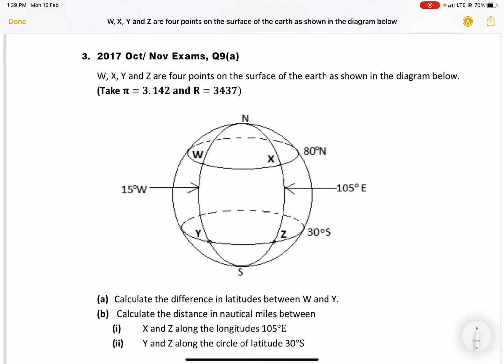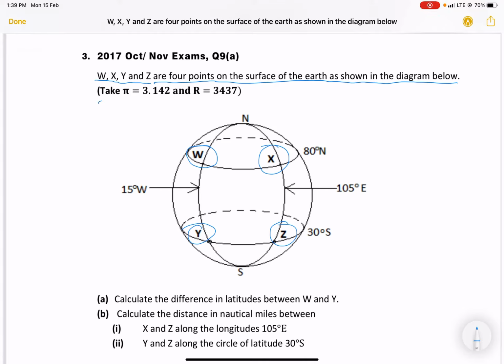We are told W, X, Y, and Z are 4 points on the surface of the earth as shown in the diagram below. So we have W, X, Y, and Z on the surface of the earth.